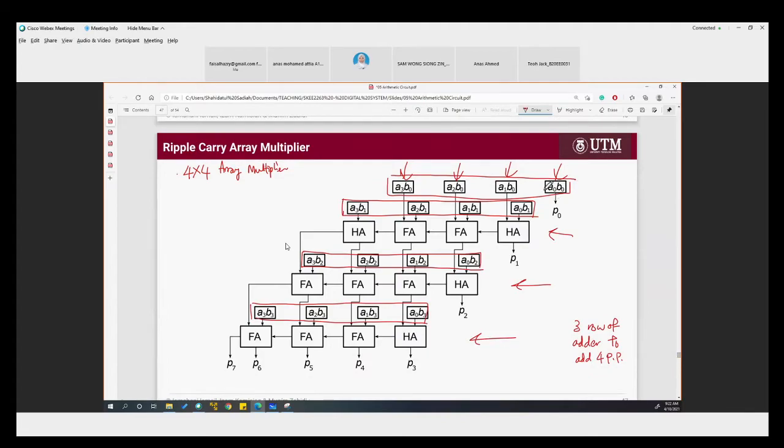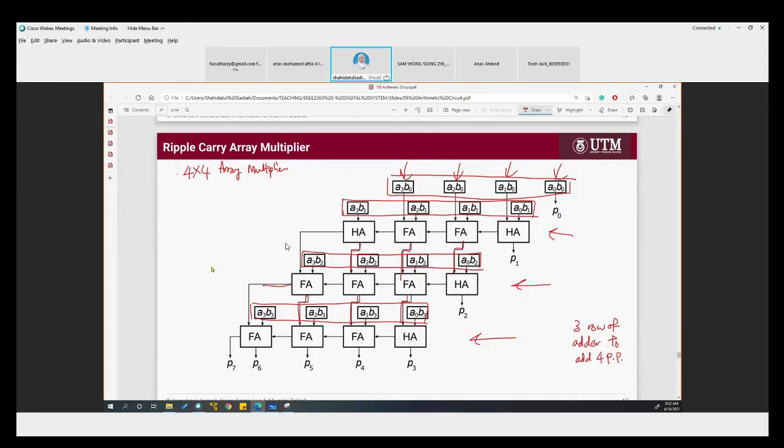Okay. So the first partial product and the second partial product are added using 1 row, and then the sum of these 2 partial products, sum here, will become the input to the addition with the next partial product, and then the sum of that will become the input. So this is carry.